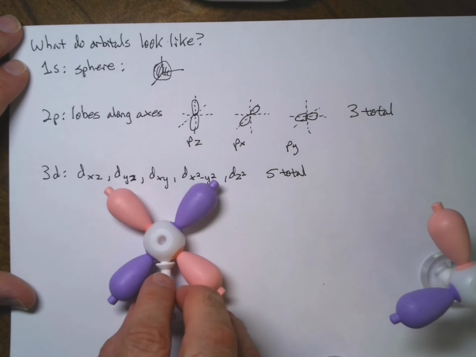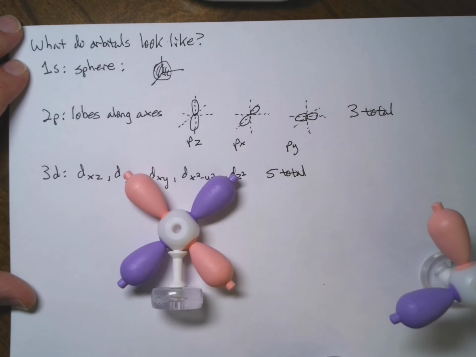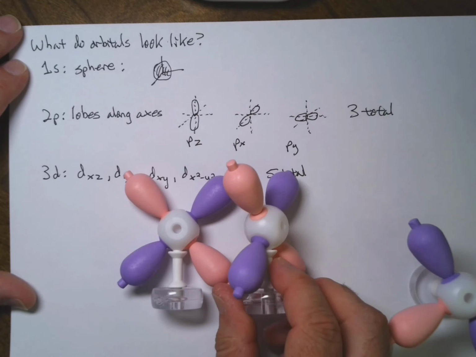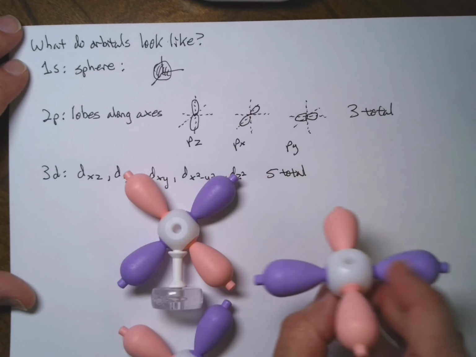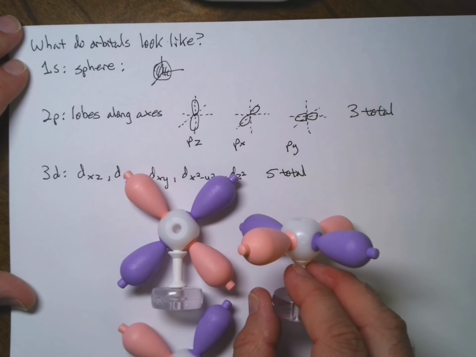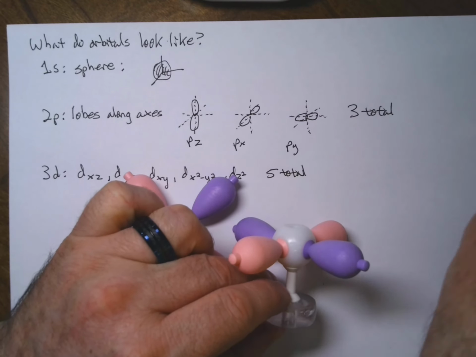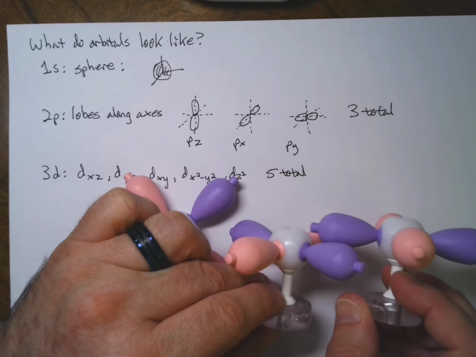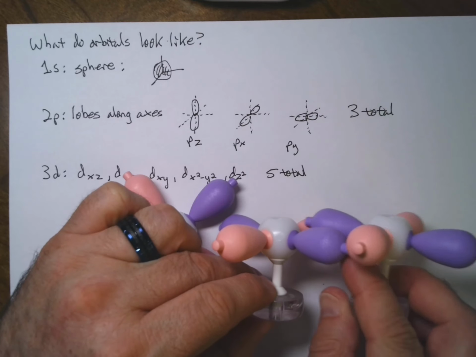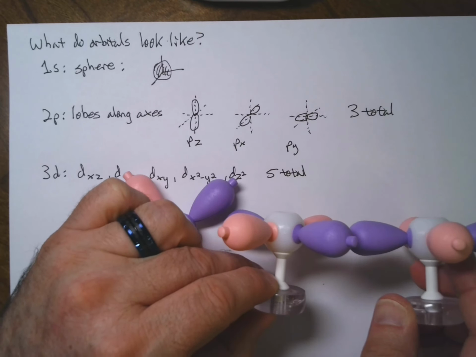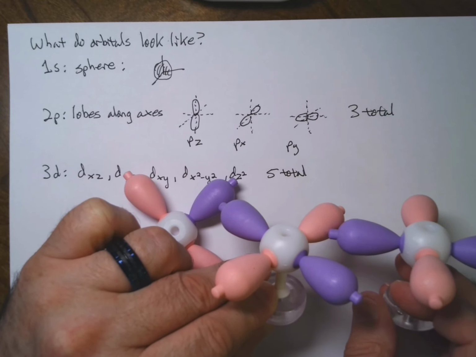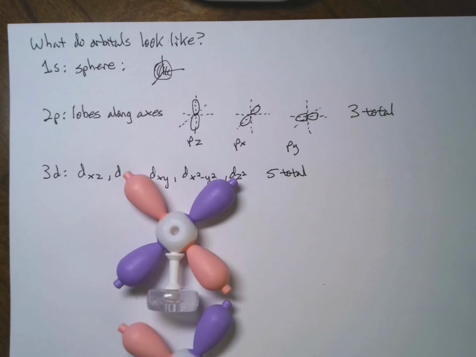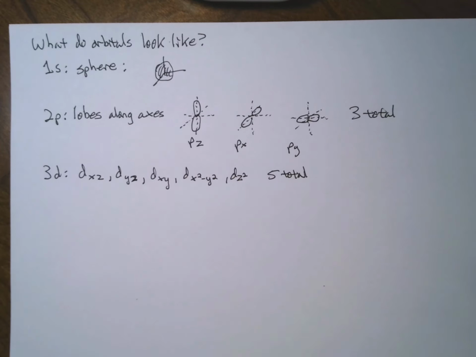We've got a dyz, and then like this guy here is a dxz, and then perpendicular with the lobes in the middle of the plane would be our dxy. And then the dx squared minus y squared is in that xy plane, but instead of having lobes in the middle of the axes, they run along the axes. So these guys are in the same plane, they're just oriented a little differently. I'm not going to draw them. They're a little bit of a pain to draw, but just know that there are 5 of them total.